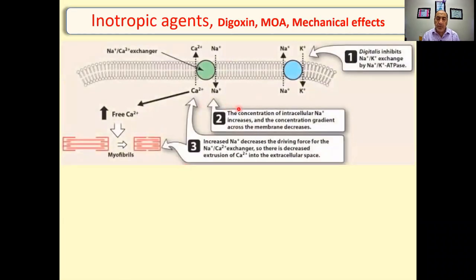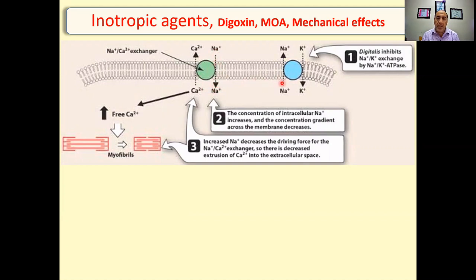Okay? So just as a quick recap, digitalis or digoxin, they inhibit the sodium-potassium pump. When they do that, more sodium will stay inside. So now this exchanger will be inhibited, it cannot exchange calcium with sodium, because more sodium is inside, more positivity here.